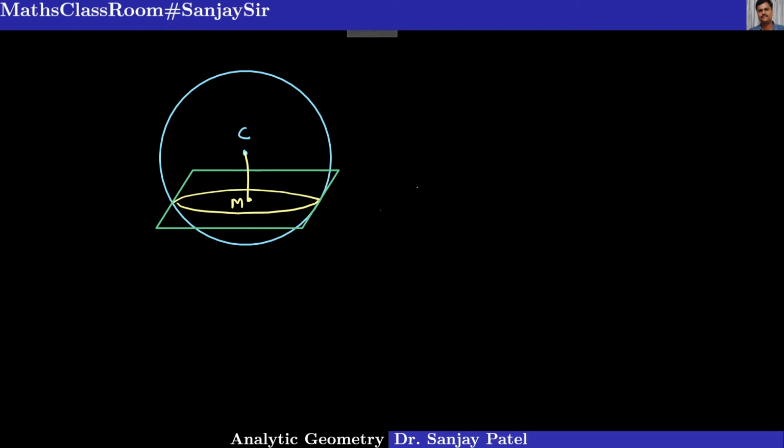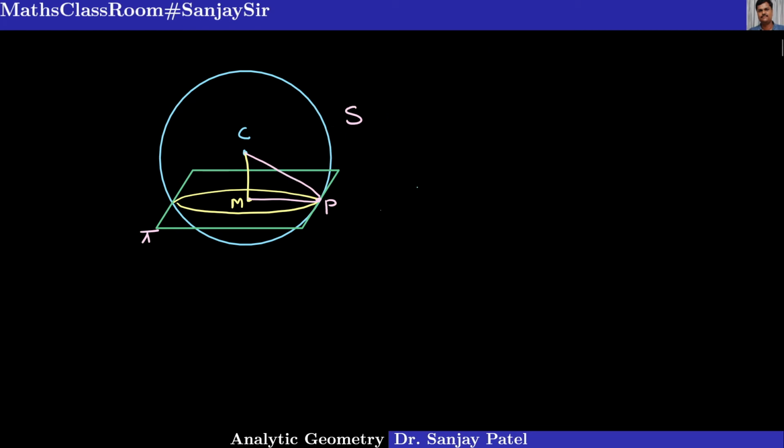We have the sphere S and the plane pi. Okay, so I want to find the radius. Let us call this point P, and if you join C and P, then this is the radius of the sphere, and we have already obtained the radius as 5.